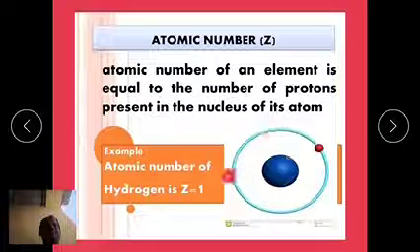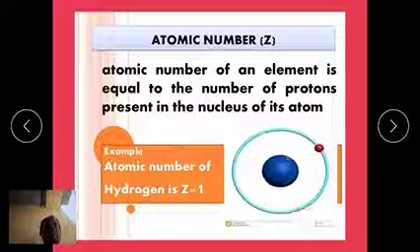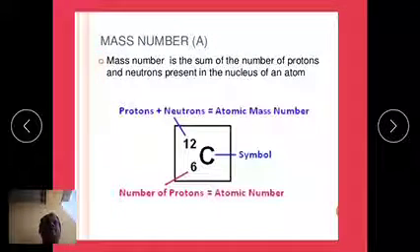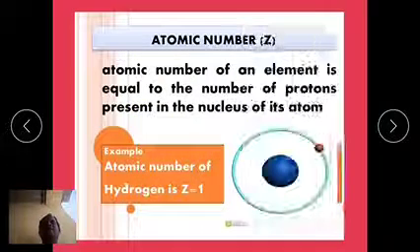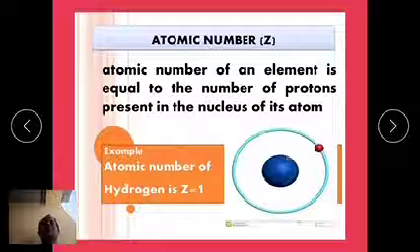Example, the atomic number of hydrogen is Z equals 1. And this was proposed by Moseley based on X-ray spectral studies.